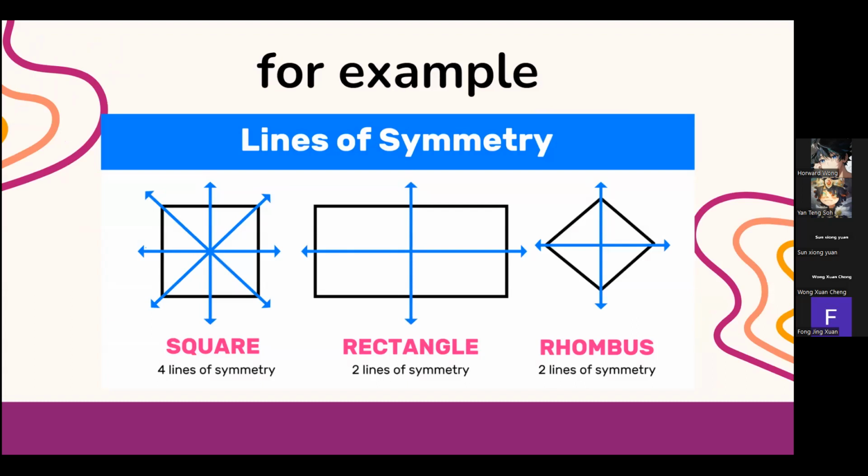For example, a square has 4 lines of symmetry, a rectangle has 2 lines of symmetry, and a rhombus has 2 lines of symmetry, same as a rectangle.